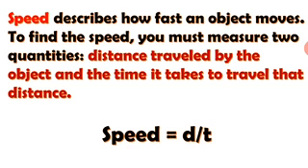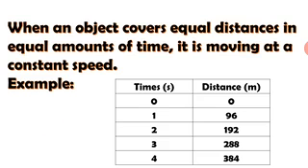So different persons, animals, birds, cars, airplanes, they have what we call speed or average speed.